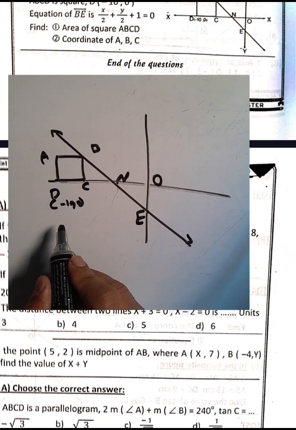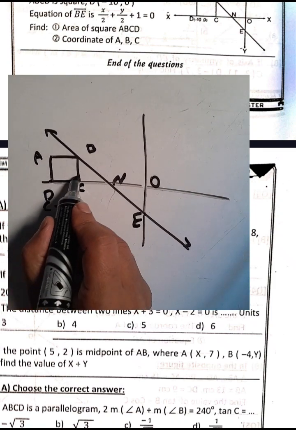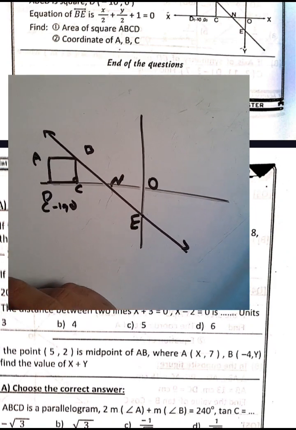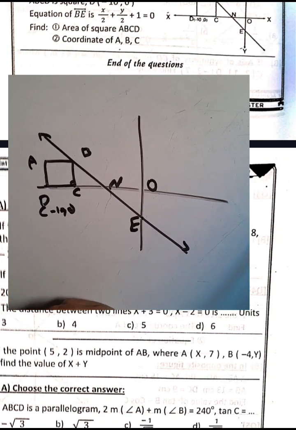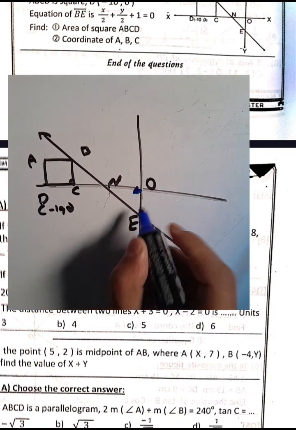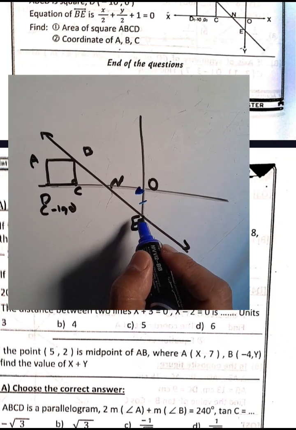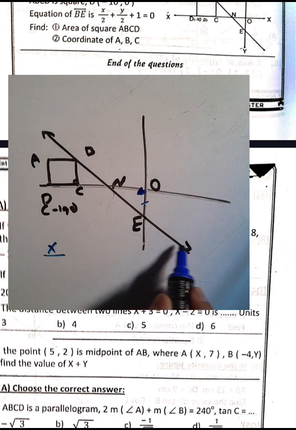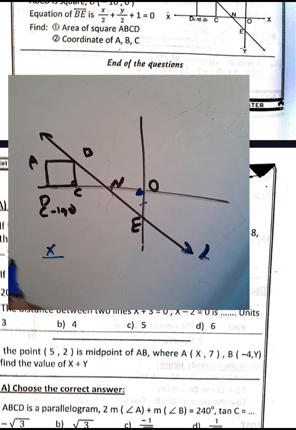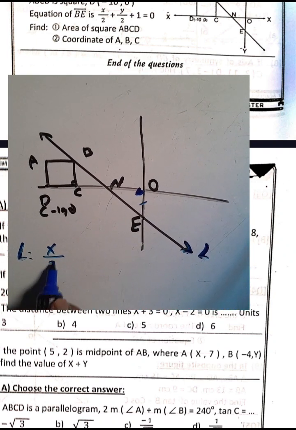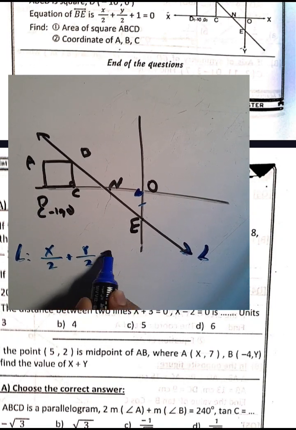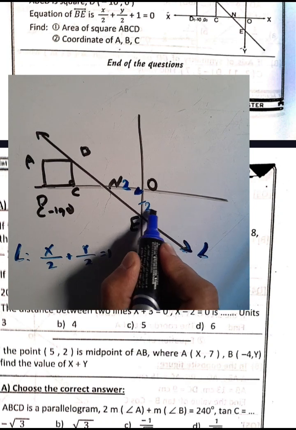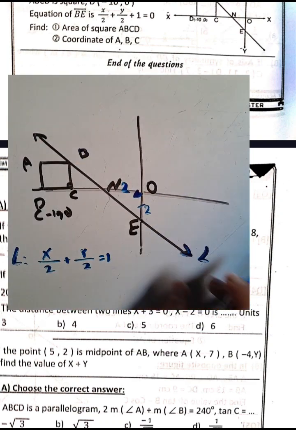Okay, you want to find the area of the square. To find the area of the square, you must find the length here BD. Okay, pay attention with me to these steps. First step, you must know this right angle triangle, and this side will be equal to this side or not? First step, we have this equation of this straight line L, such that x over 2 plus y over 2 equals 1. It means this straight line cuts 2 units from the x-axis and 2 units from the y-axis, and the slope here will be negative.